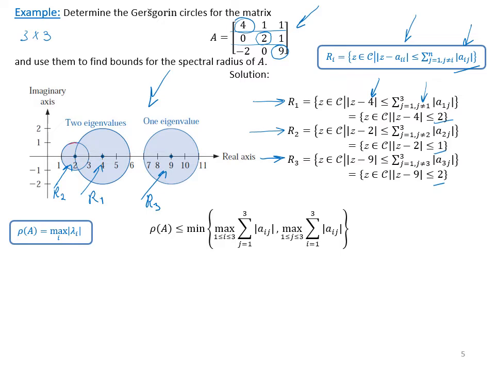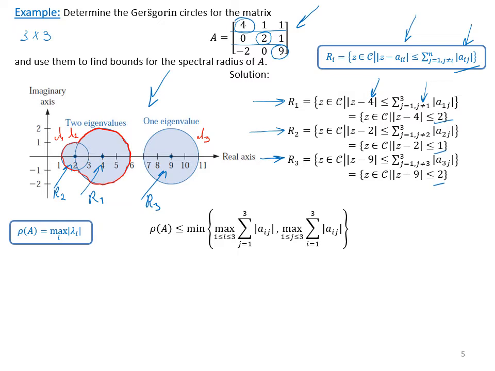Let me show you. In this region, we have exactly 2 eigenvalues, lambda 1 and lambda 2. As a consequence, lambda 3 is here. Our third circle contains exactly 1 eigenvalue.